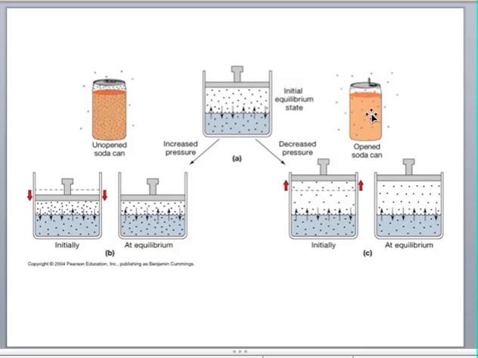If you open the can, the gas will reach equilibrium and come out of the can, so there will be more gas out here and less dissolved. So the amount dissolved in your blood depends upon the partial pressure of the gas.